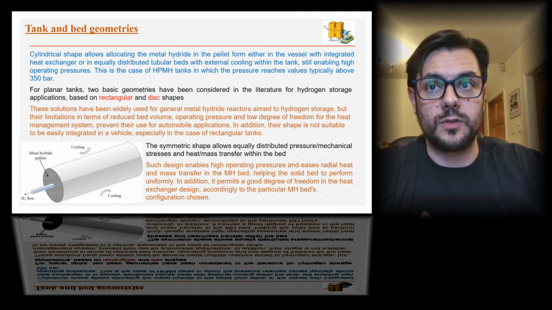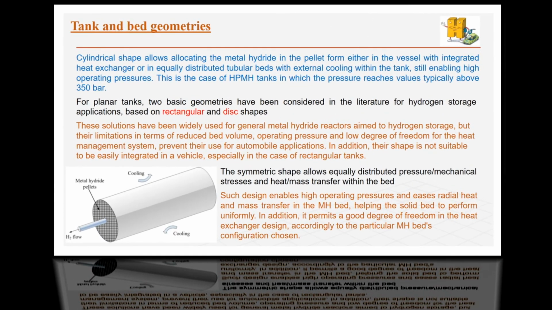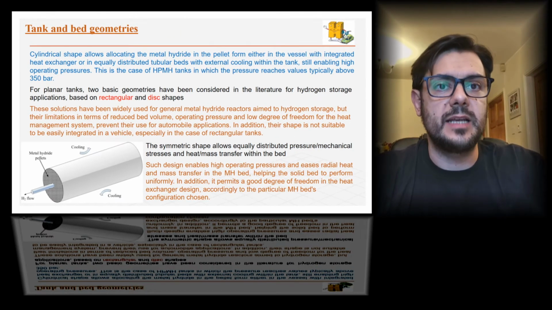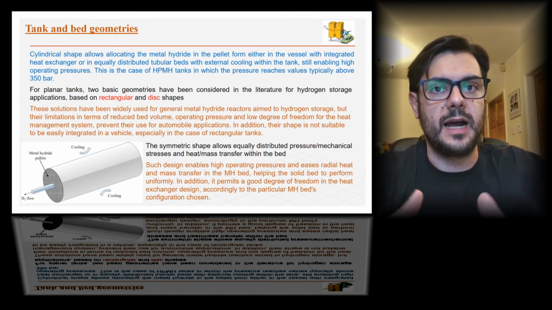The cylindrical shape in general allows us to allocate the metal hydride either as a pellet, so we can take some metal hydride powder, put it in the press, make the pellet, place it in the bed, next pellet, next pellet, until we fill the whole tank. Or we can simply fill it with the powder inside, and place the heat management scenario or whatever we need.